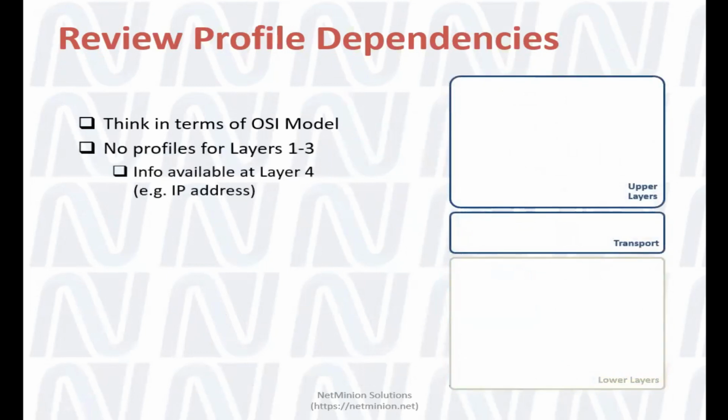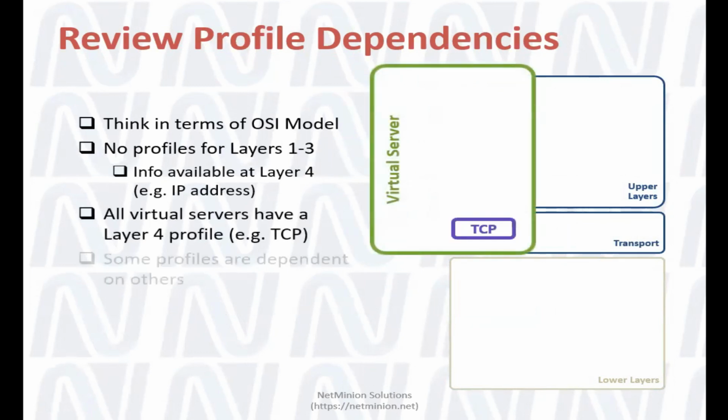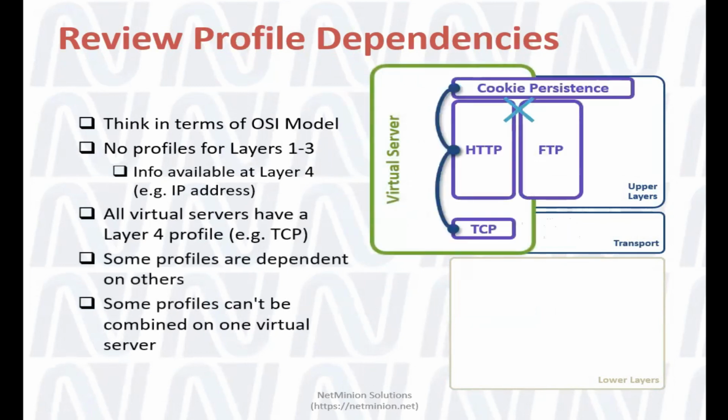Let's talk about profile dependency. The OSI model, everybody is aware, the 7 layers model, right? In the 7-layer model, we have different traffic.